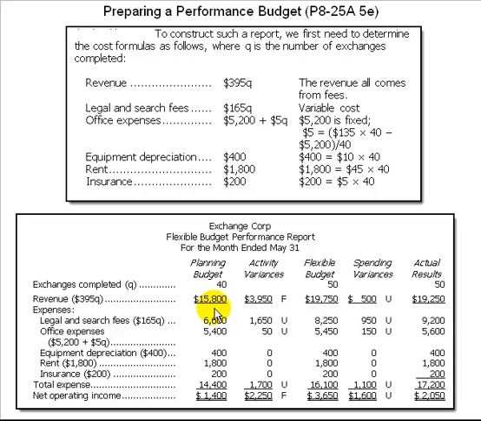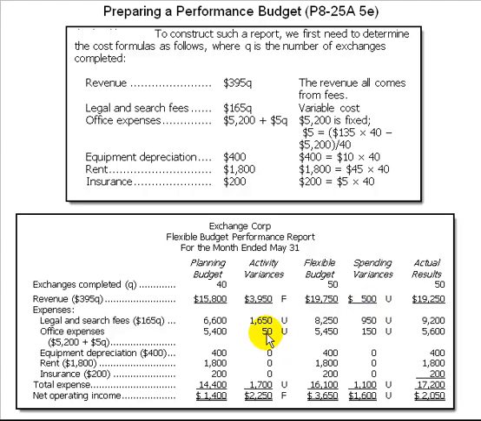So the primary reason that we're favorable is we actually had 10 more exchanges than what was built in the planning budget, and 10 exchanges times the 395 gets us the 3,950. And then we walk through the same chain going down, but let's go across first. If we look at spending variance, we compare what the flexible budget would have been for 50 units versus what we actually spent, 19,250. Versus what the flexible budget called for means we had a $500 unfavorable variance.